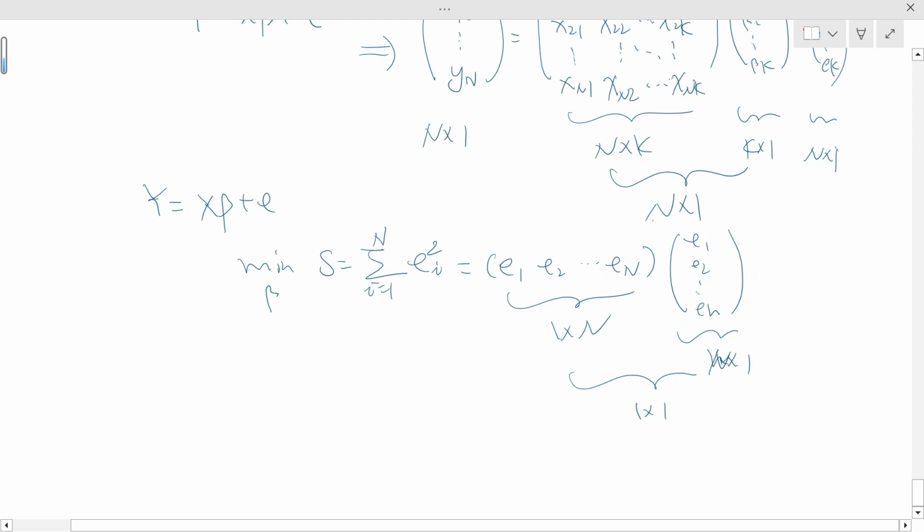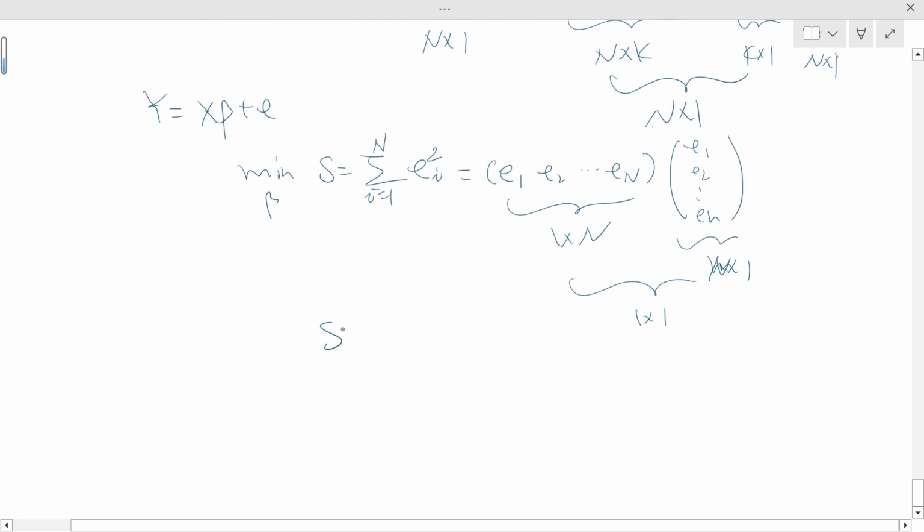So this S is equal to, remember we define this as e, so this is e prime e, and from here we know that e is y minus X beta. So it is (y minus X beta) prime, the transpose, times (y minus X beta).